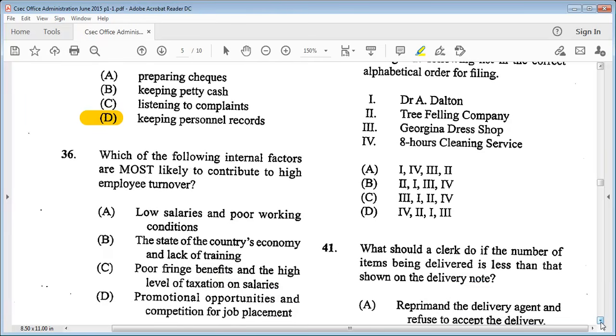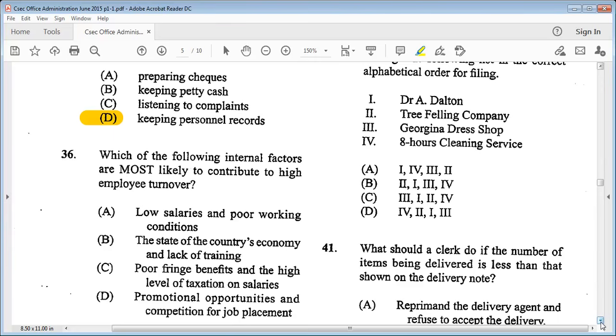All right, let's go on to question number 36. Which of the following internal factors are most likely to contribute to high employee turnover? A, low salaries and poor working conditions. B, the state of the country's economy and lack of training.